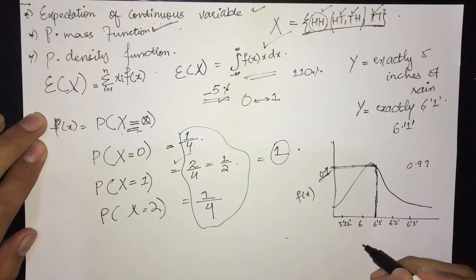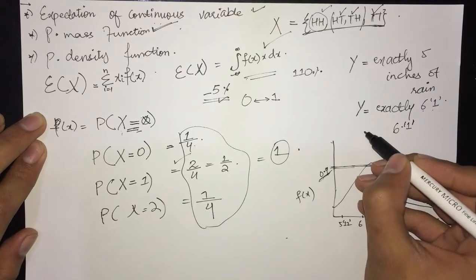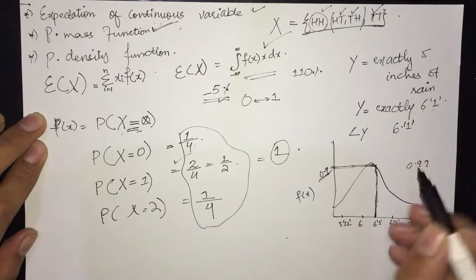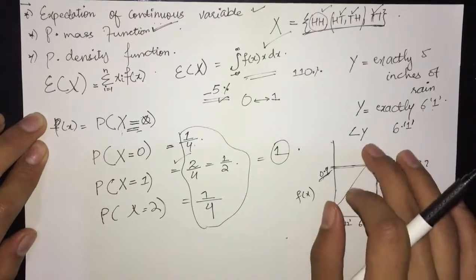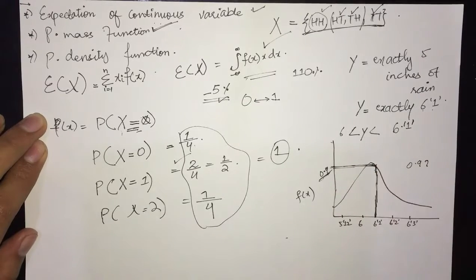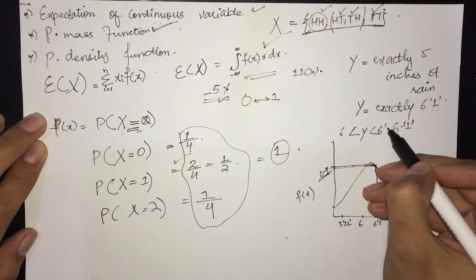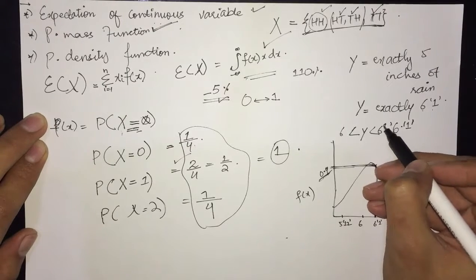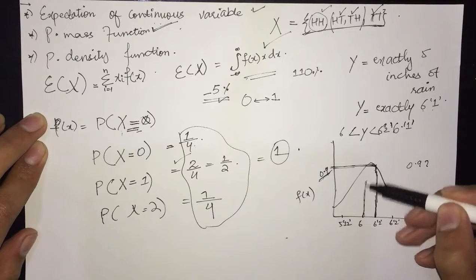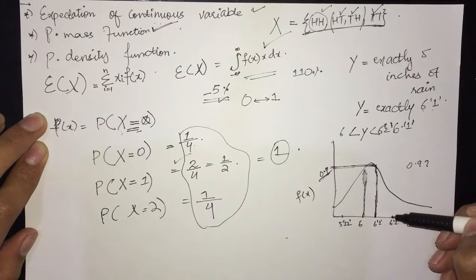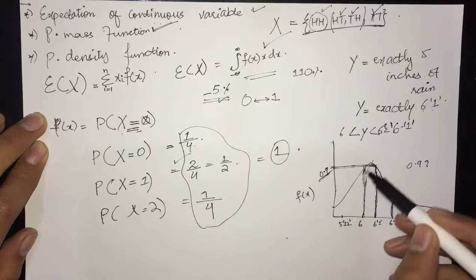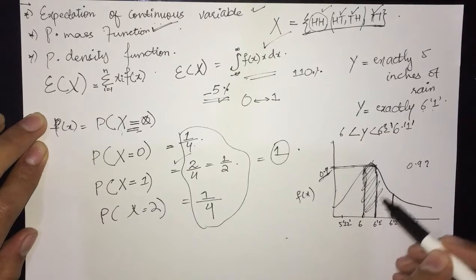So for example, if I say x or y should be greater than 6 and smaller than 6 2, what is the probability of that? So now you have 6 and you have 6 2, and this is the area under the graph.